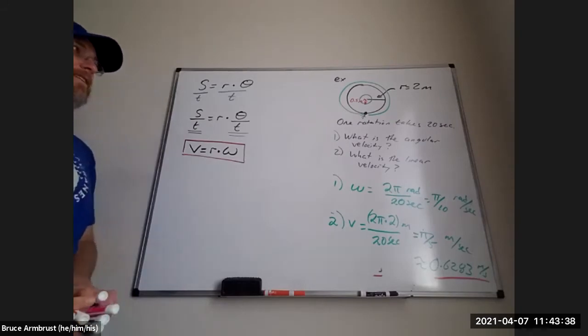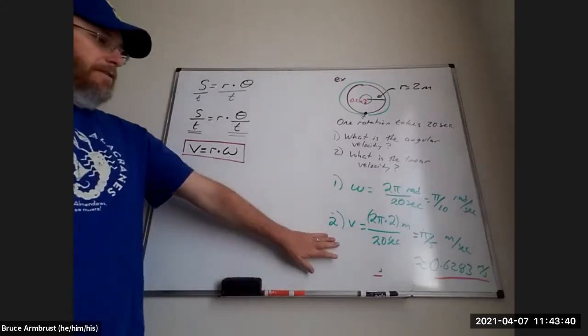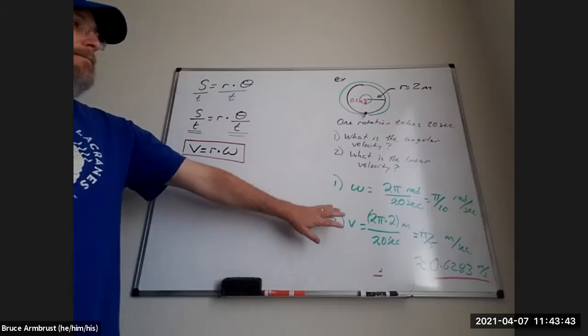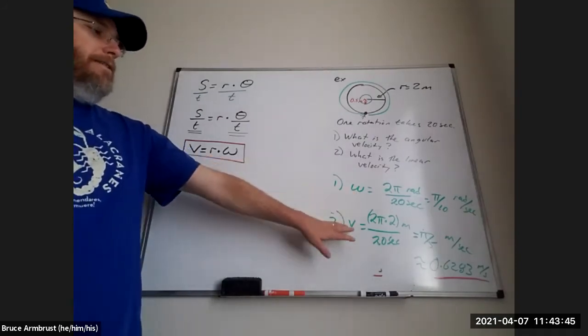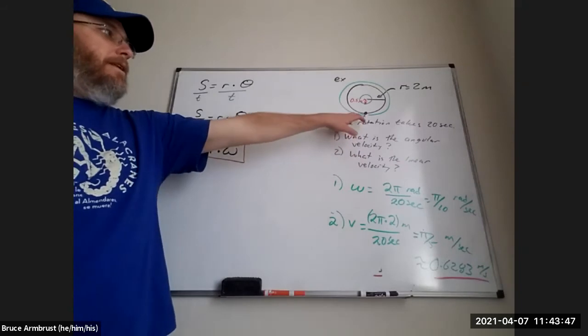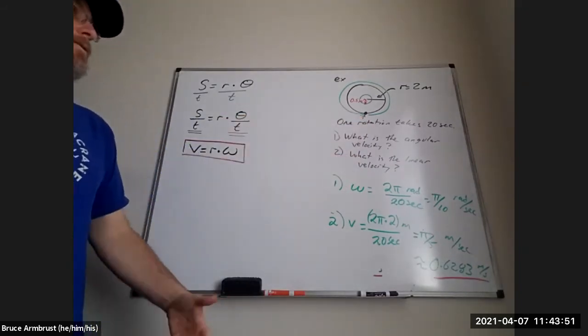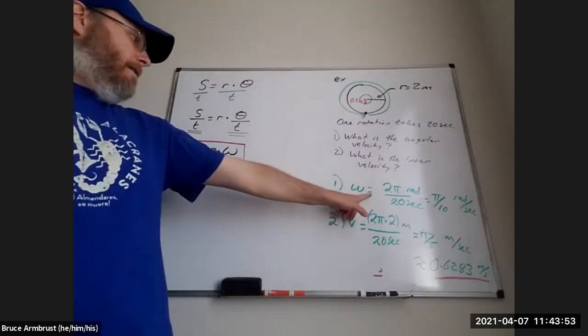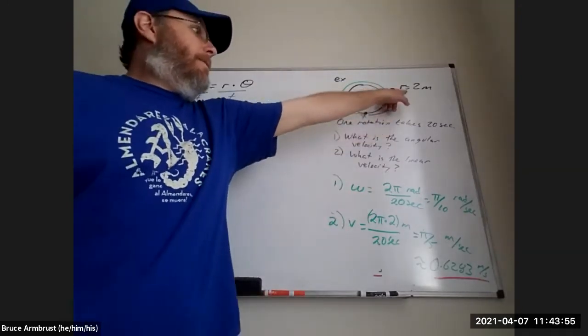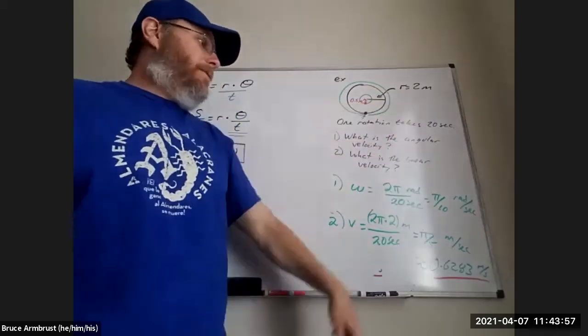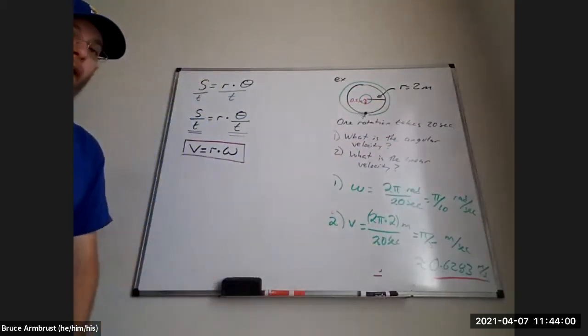And you can actually see that. I left this one up on the board just so we could look at that. Here was our angular velocity. Here's our linear velocity for somebody who was out on the outside of that merry-go-round. And notice that if you take omega and multiply by the radius, pi over 10 times 2 does equal pi over 5.